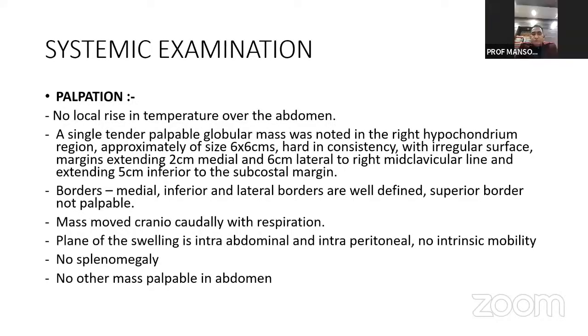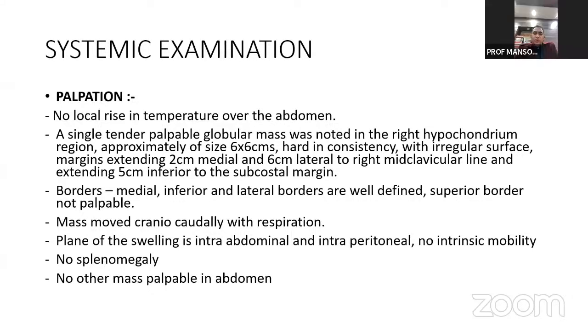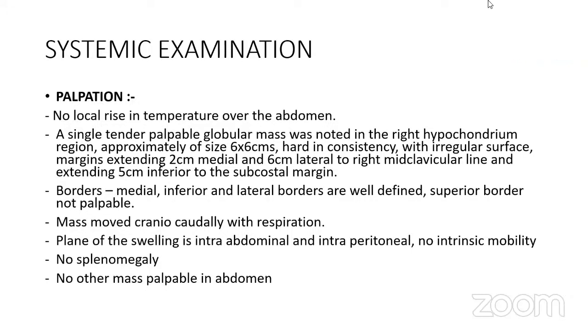Should it be used anymore, especially in abdominal masses? Dr. Prem Kumar, we don't use local rise of temperature in the abdomen unless it's in the parietes. If it's in the parietes, you have an abscess, you can say that. Parietal wall swelling is okay. But for an intraperitoneal or intra-abdominal lump, we don't say this. Okay, sir.